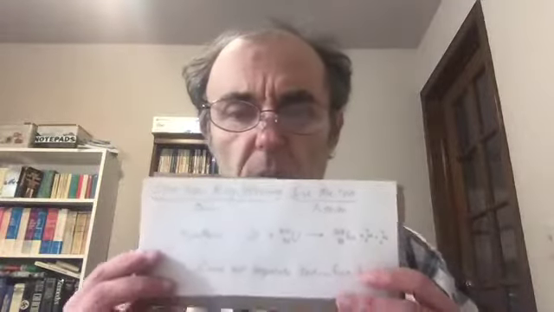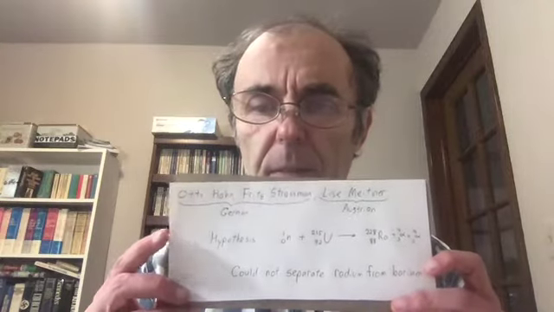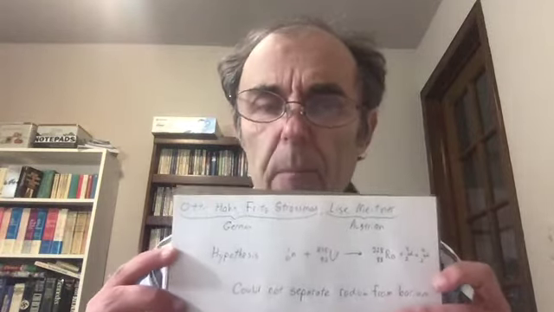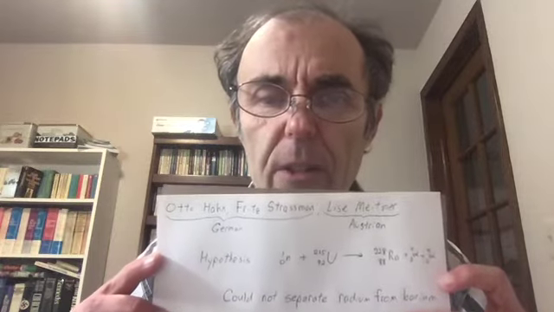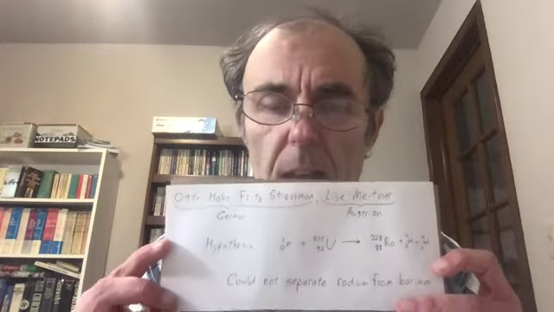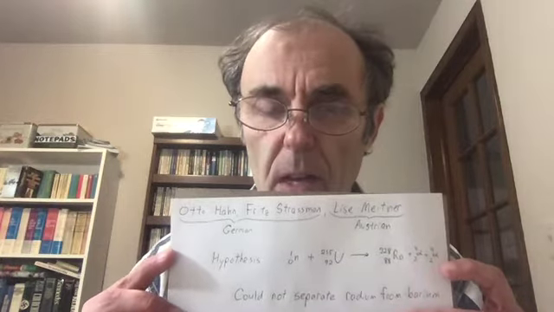Okay, where did the story leave off? The story had us bombarding different elements with neutrons. And in Germany, there was work being done by two German scientists, Otto Hahn and Fritz Strassmann, and an Austrian scientist, Lise Meitner. And they were bombarding uranium with neutrons.